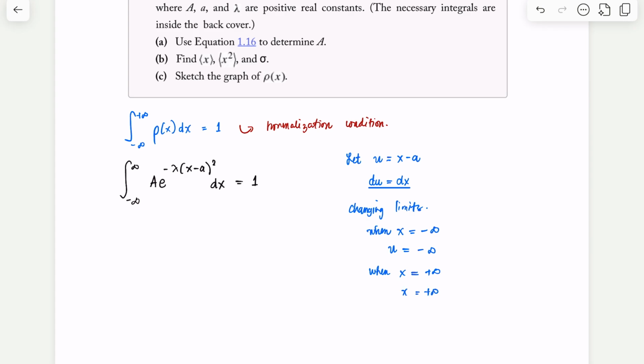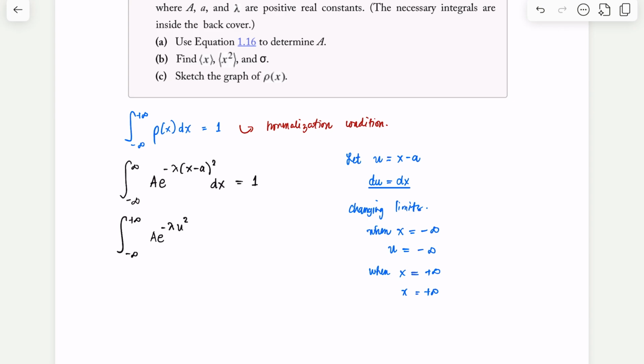So we can now re-express our integral. The lower limit is still negative infinity. The upper limit is positive infinity. And then we write A e to the negative lambda, and we already let x minus a be u, so that will now be written as u squared.